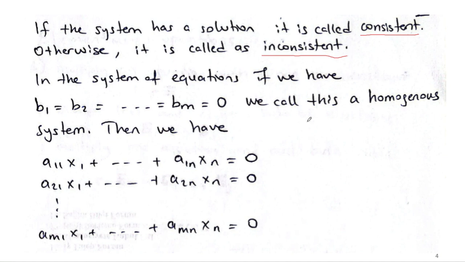In the system of equations, if all these right-hand side values are equal to 0, we call this a homogeneous system. So it's a special case of the general system of equations. And as you see, if all of these terms on the right hand side are equal to 0, then it's a homogeneous system.